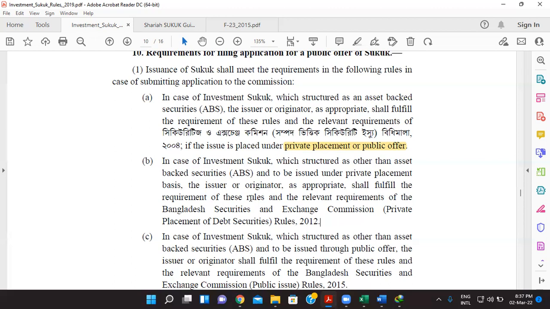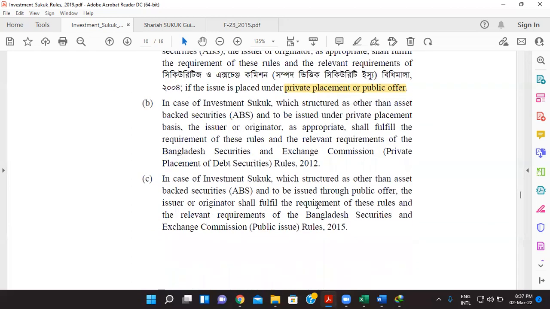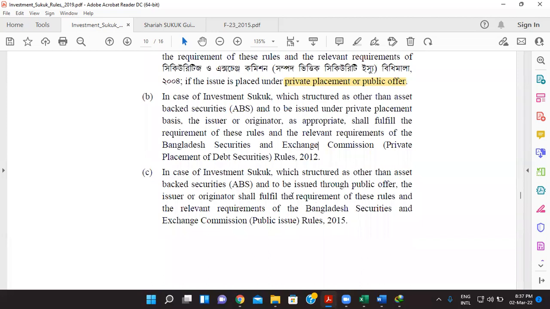So let me take you through the example that if it is the asset-based security, it is not asset-backed security, and you are planning to issue the security under private placement, in that case, with which rule you have to comply? You have to comply with the requirements of the Bangladesh Securities Exchange Commission Private Placement of Debt Securities Rule 2012.